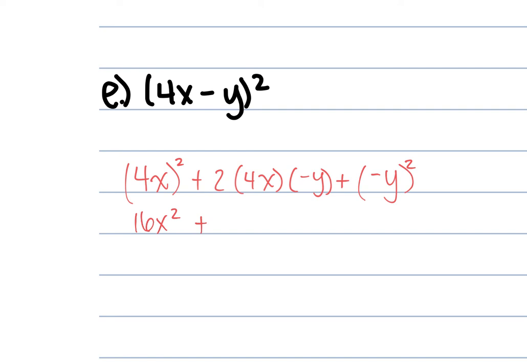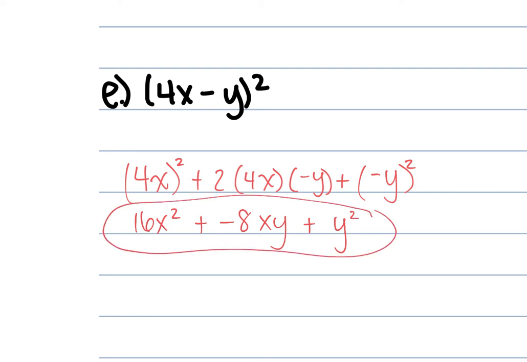Plus 2 times 4 gives me 8, but it has to be negative. So -8xy. And then plus, what's -y squared? Y squared. Yeah, you should have erased that plus sign. It should have just had -8.